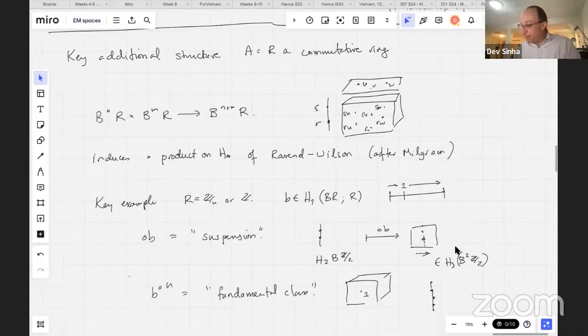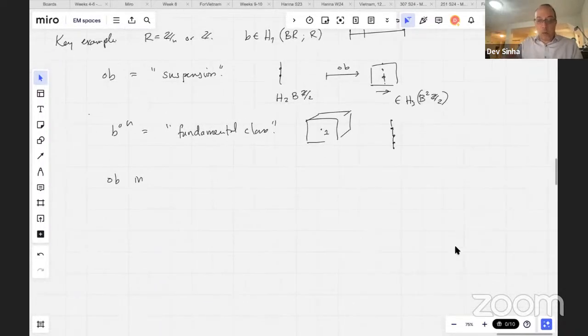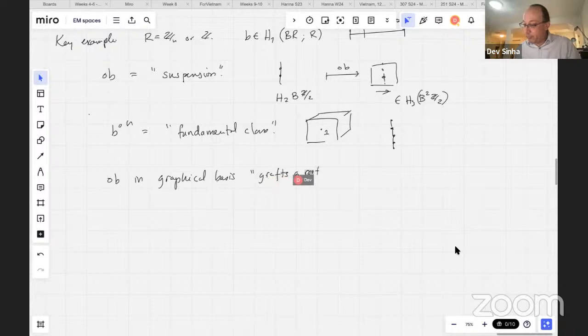And in our graphical basis, moreover, what it does is it grafts a root.